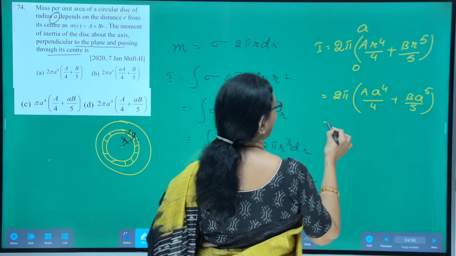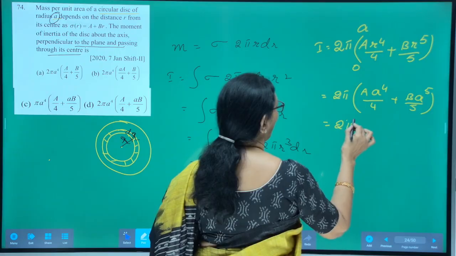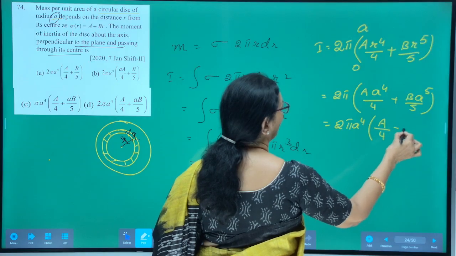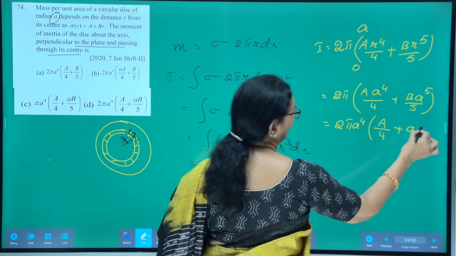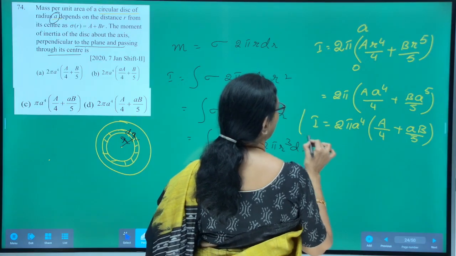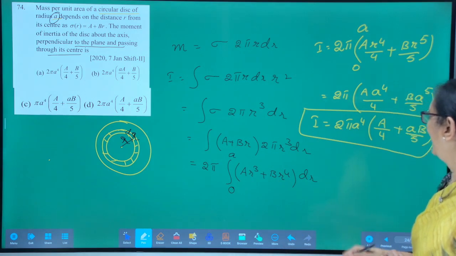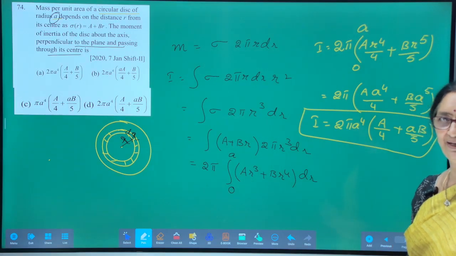So, you can take a to the power of 4 as a common factor. 2 pi a to the power of 4, a by 4 plus, there is one a left here, a b by 5. That is the expression for moment of inertia of that circular disc about an axis passing through the center perpendicular to the plane.